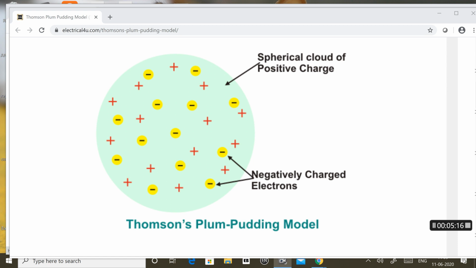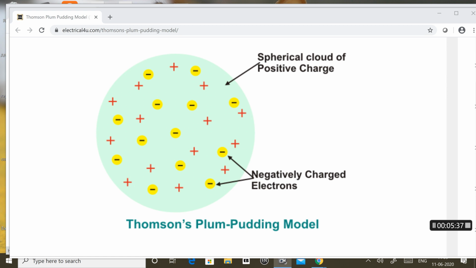Negatively charged particles are called electrons, and positively charged particles are called protons. And you can see in the diagram, the number of negatively charged particles is equal to the number of positively charged particles.